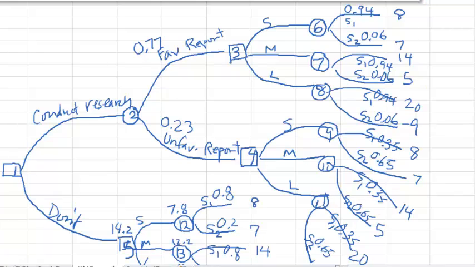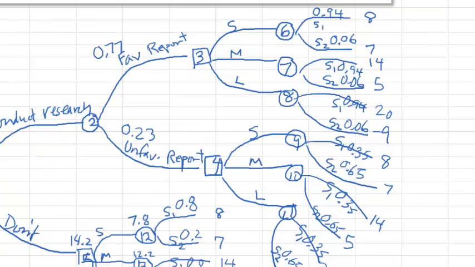Now it's time to calculate values at the nodes. Let's start with node 6, because we're going to start on the right and then move to the left. At node 6, this is a chance node, so we need to calculate the expected values. So we're going to need 0.94 times 8 plus 0.06 times 7, and that gives us 7.94.